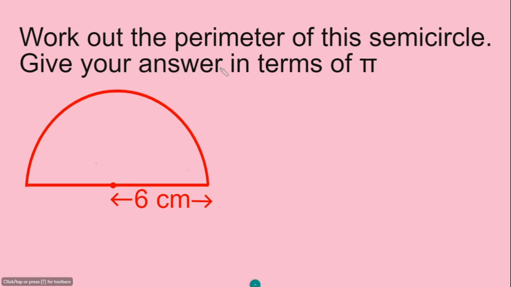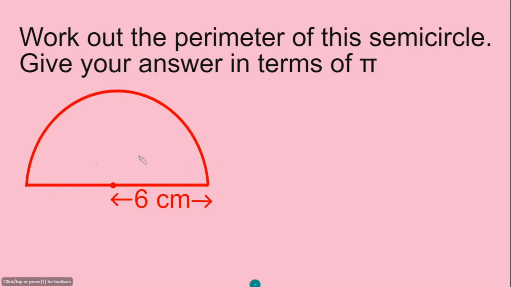And here is the last question for this video. Here we have to work out the perimeter of this semicircle, and I'm going to leave an answer in terms of pi. What this means is that when you solve, you are not going to substitute the value for pi. So pi has to remain constant throughout the calculation. Now, to find the perimeter of this semicircle, remember you've got the curved part here and this diameter here.